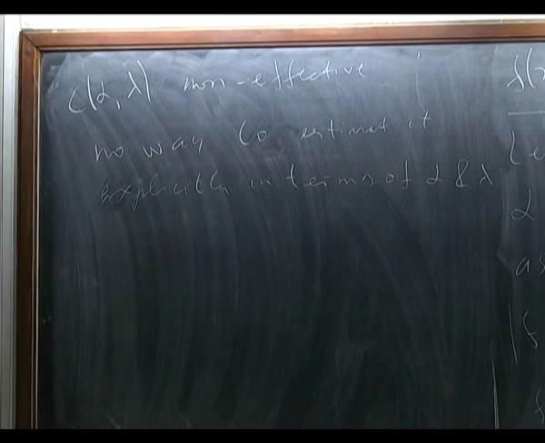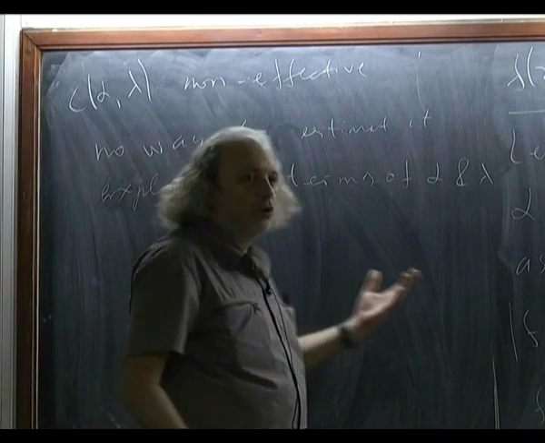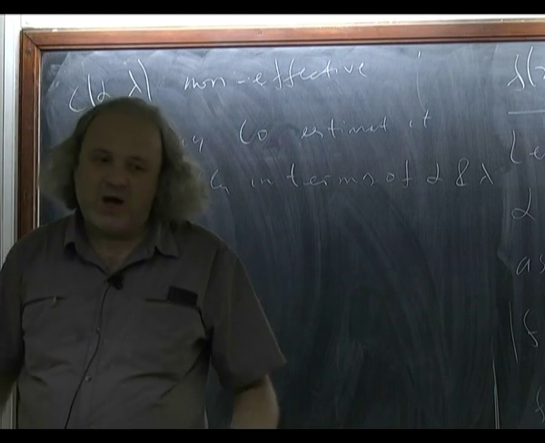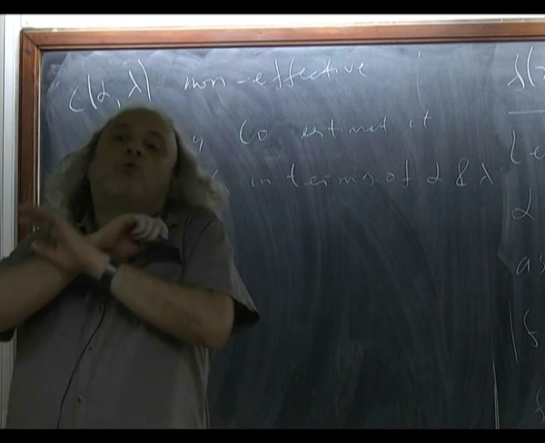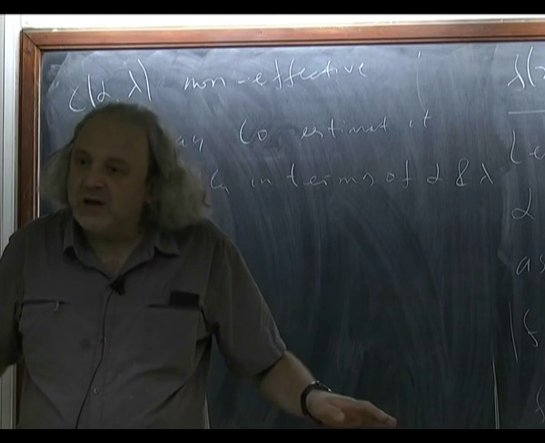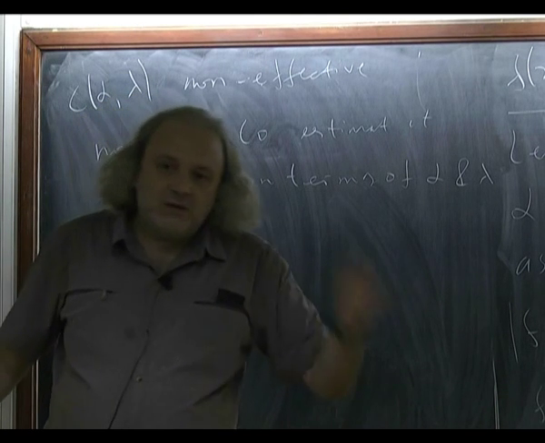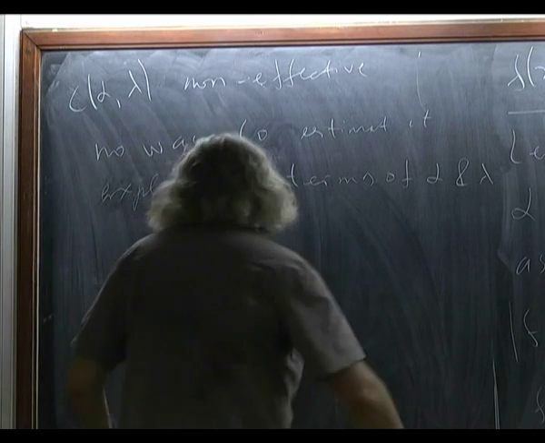Sometimes people think that non-effective is just something psychological: one gets some complicated formula, but if one works hard enough, one can write it. It's not like this. It's simply no formula; whatever complicated, we just cannot do it. And we will see why it is the case.